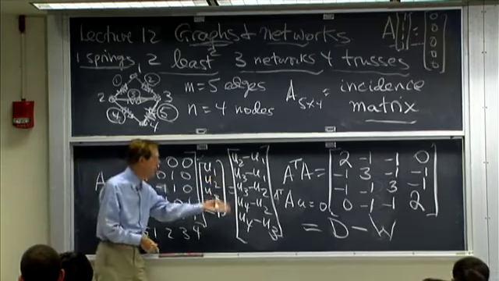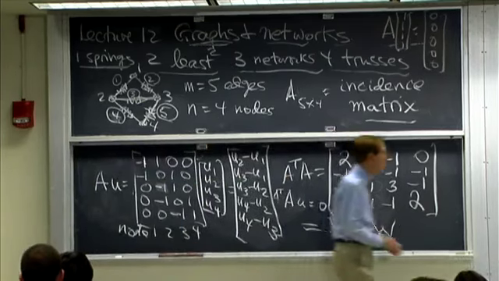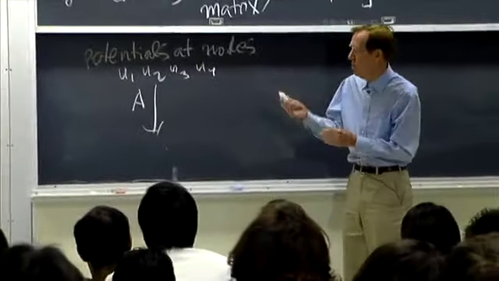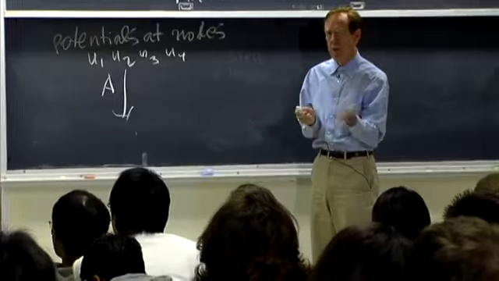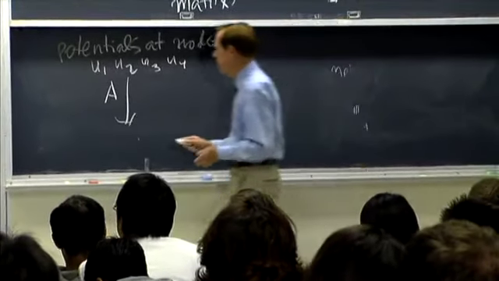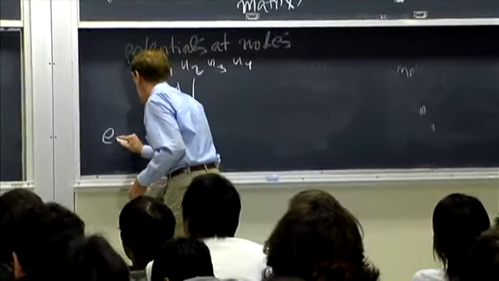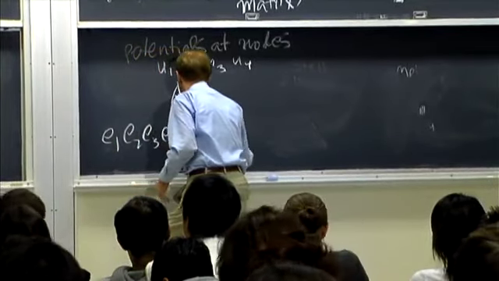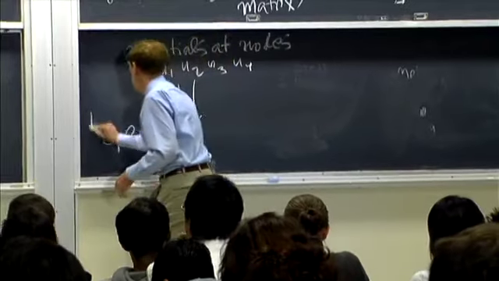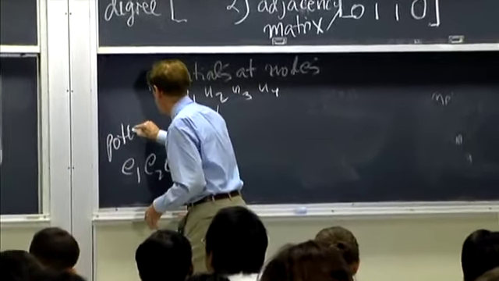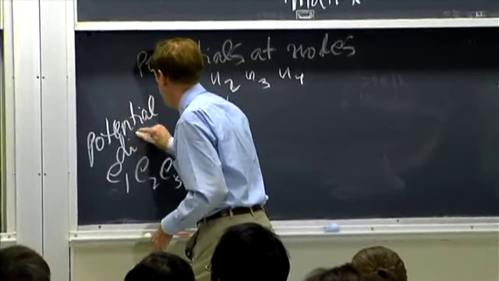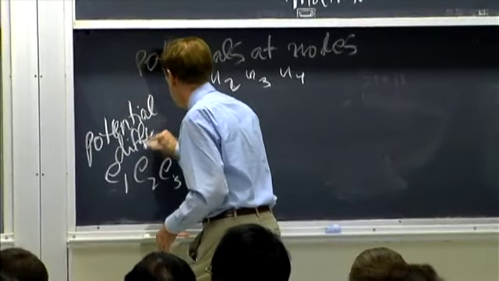Okay, so what's the natural name for AU? I would call those potential differences, voltage differences. So that's what we see here, and those will be E: E1, E2, E3, E4, E5. They will be potential or voltage differences, voltage drops.